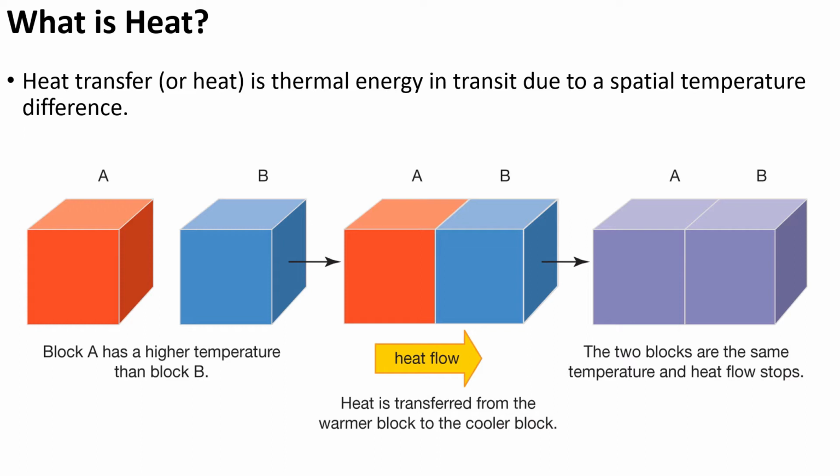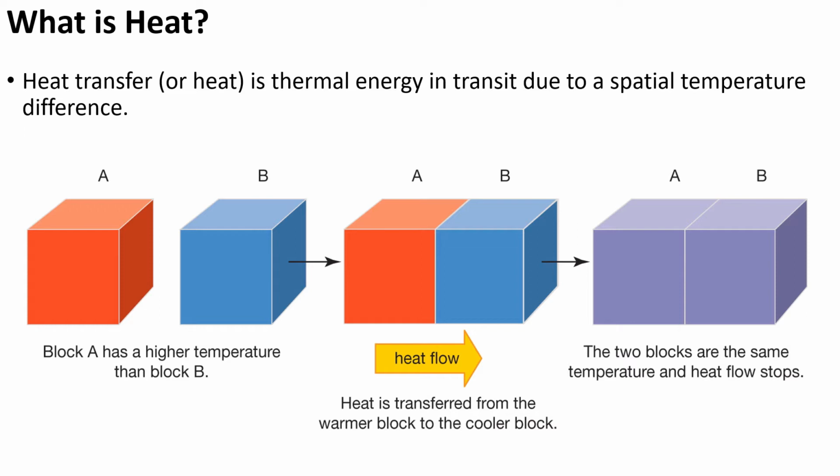That flow of energy is known as heat. And remember, heat always flows from higher temperature to lower temperature. It means that block A has higher energy than block B. Block A will lose energy and block B will gain energy.